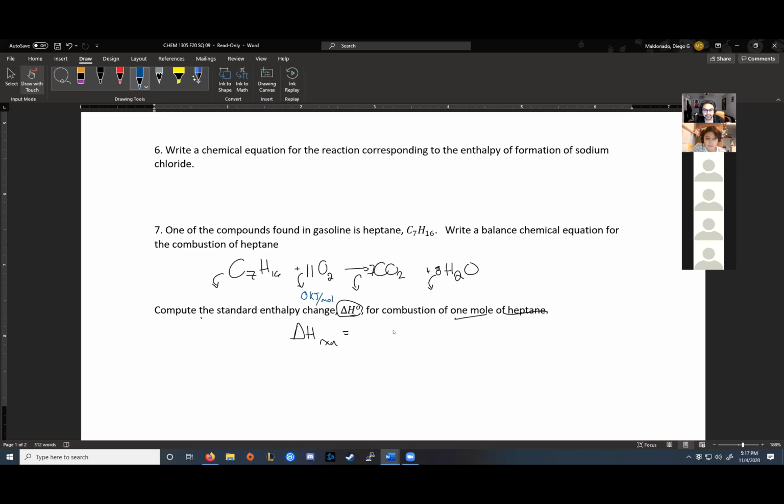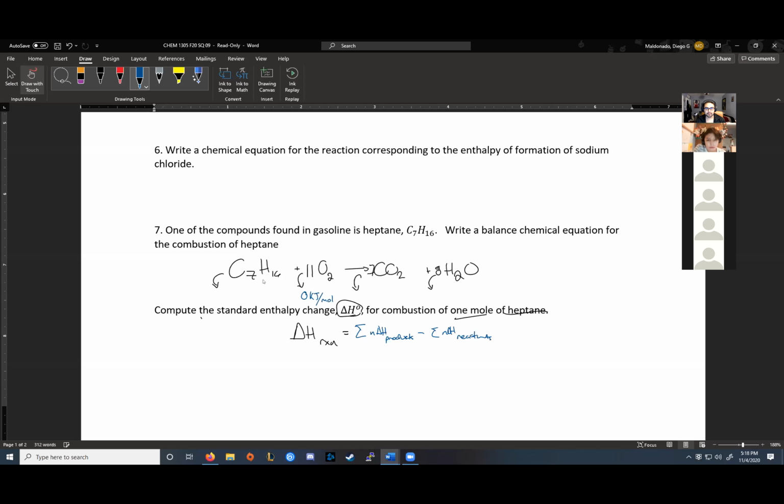First of all, what's my equation going to look like? What am I subtracting? Sum of the products minus the sum of the reactants. Yes, my sum of the enthalpies of the products minus the sum of the enthalpy of the reactants.